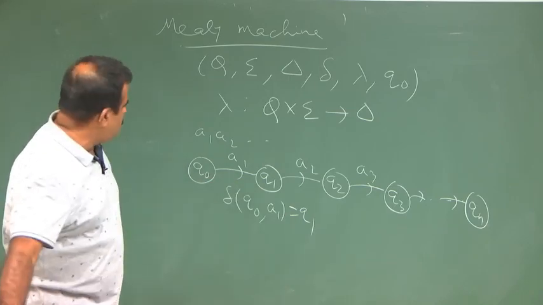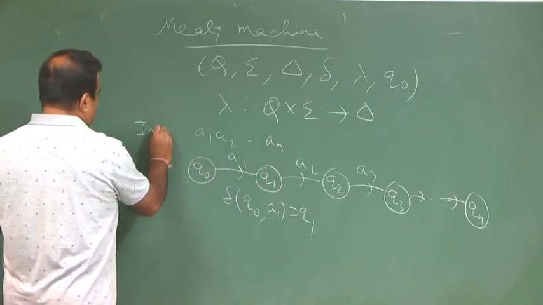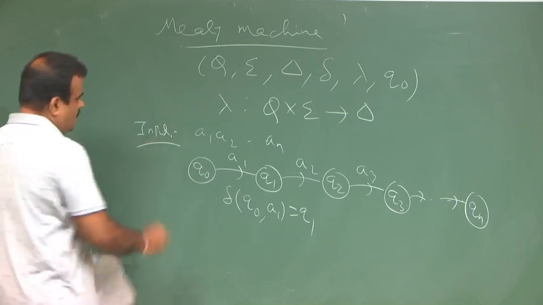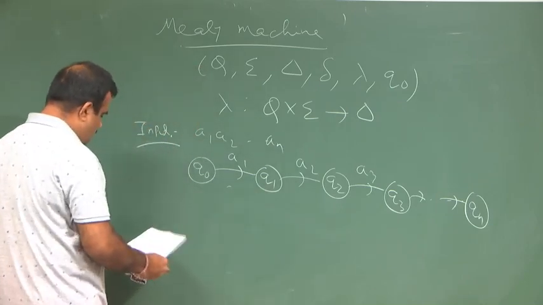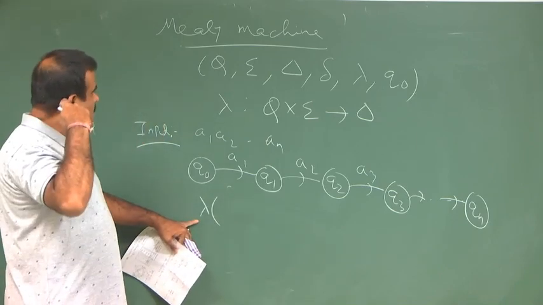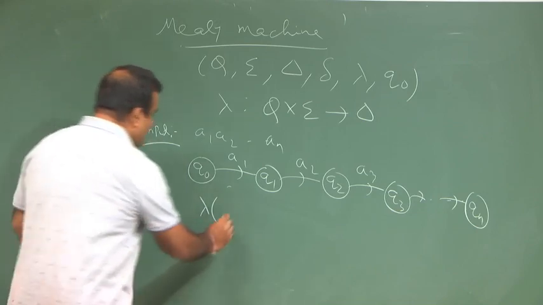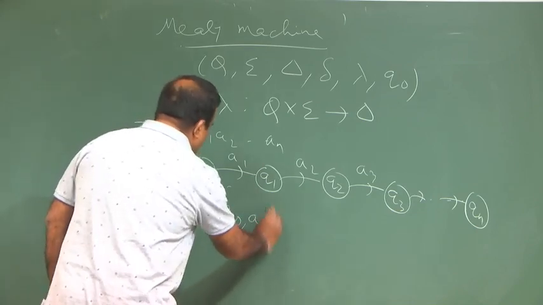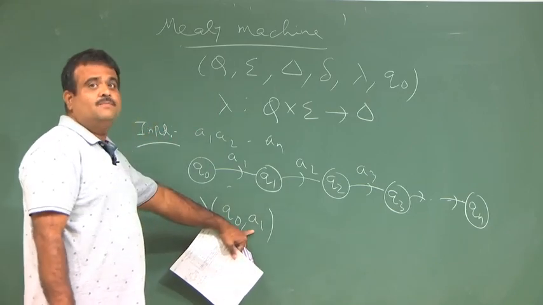So, this is the input and the corresponding states we are visiting. Now, what will be the output? The input is A1 to An, and the output will be like this: lambda of Q0, A1, because it is a function of the state and the corresponding input alphabet.